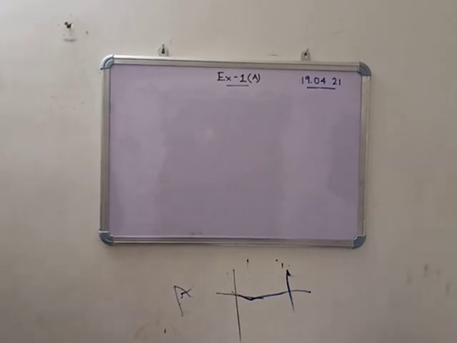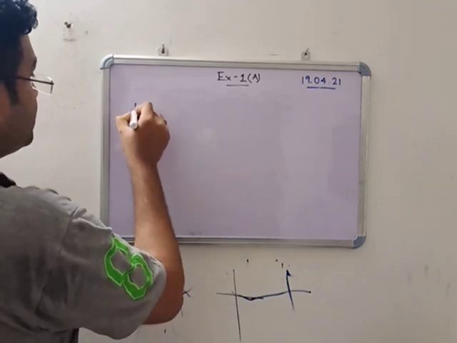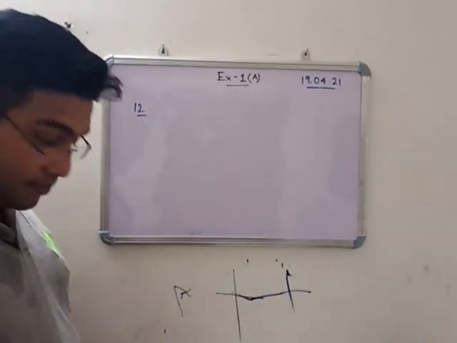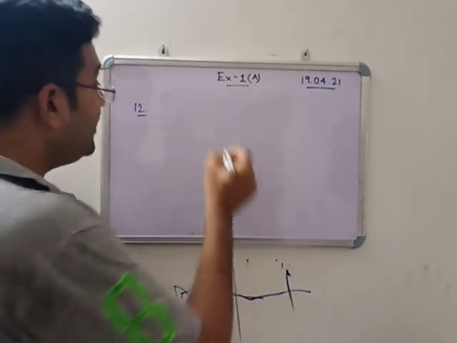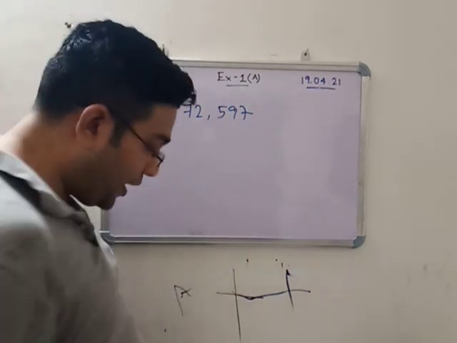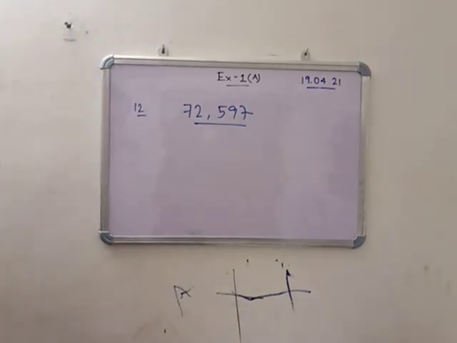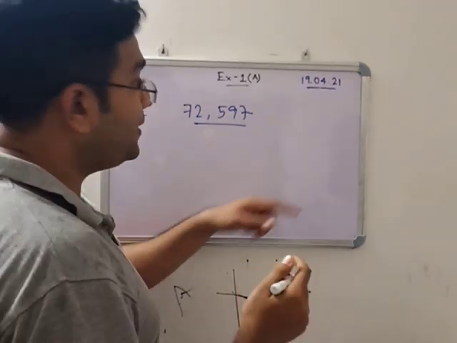Now in number 12, see that: write down 3 consecutive whole numbers succeeding 72597. So succeeding this number, you have to write 3 numbers after that.